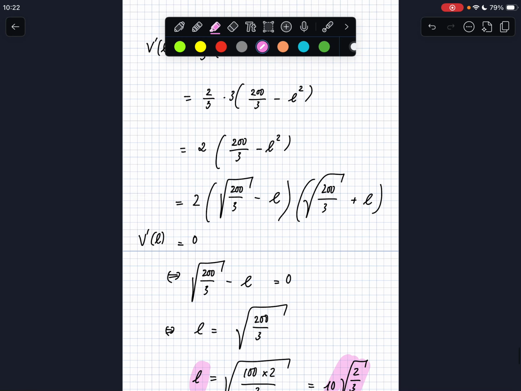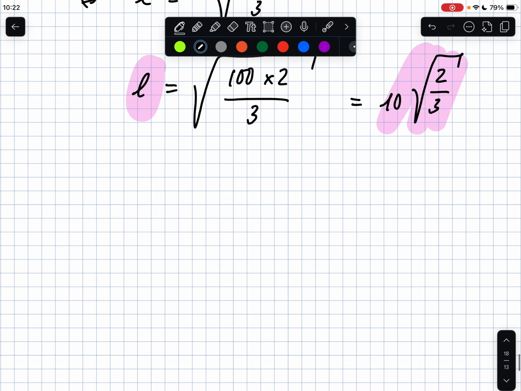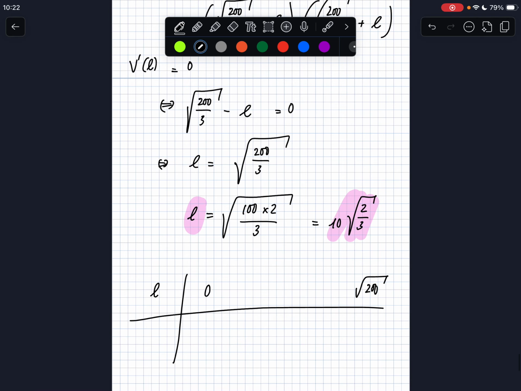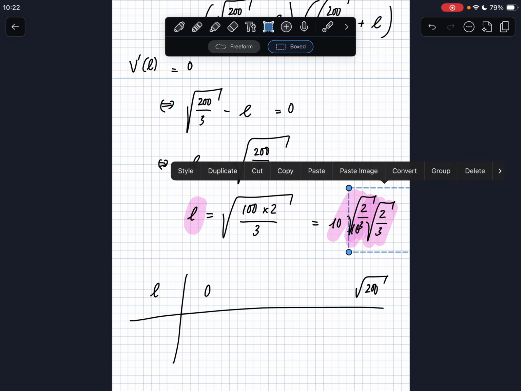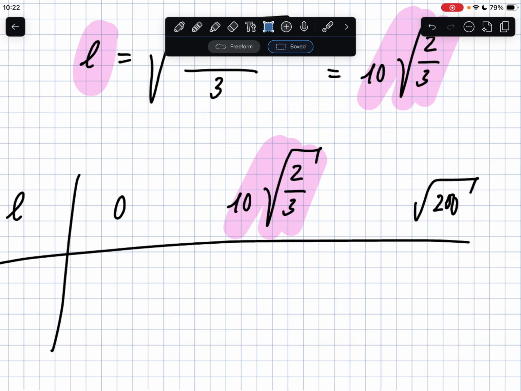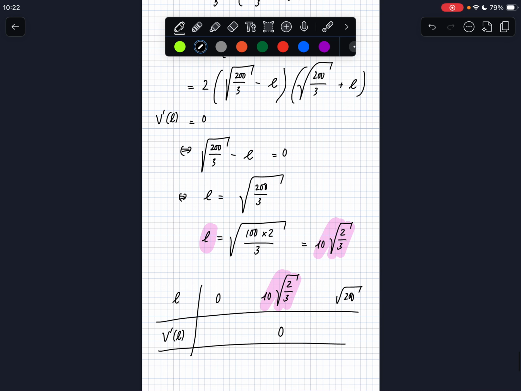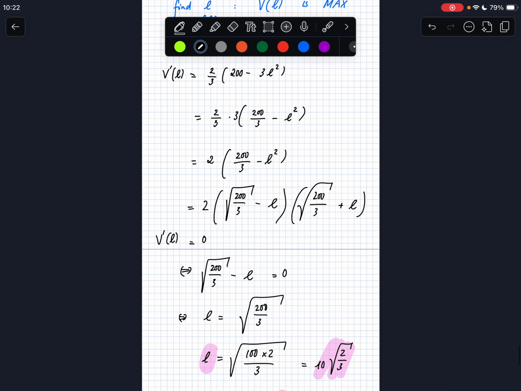Now we need to see the behavior of the function. Length between 0 and square root of 200, and then our length is this one, the critical point, where V prime of length is 0.